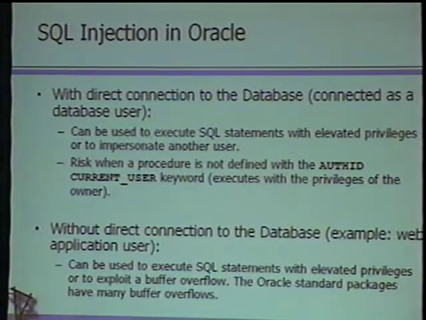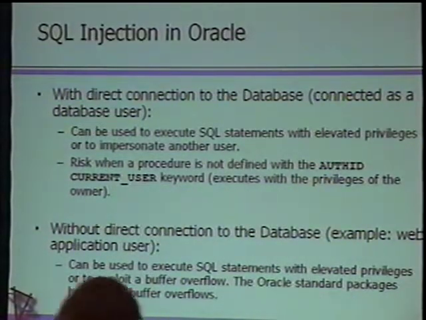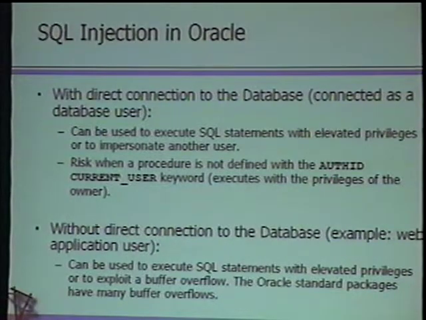This risk exists when the procedure is not defined with the keyword AUTHID CURRENT_USER, so the procedure executes with the privileges of the owner. When the attacker doesn't have a connection to the database, for example if it is a web application user, a SQL injection attack can be used to execute SQL statements directly in the database, or to exploit a buffer overflow, of which there are many in the standard packages of Oracle.